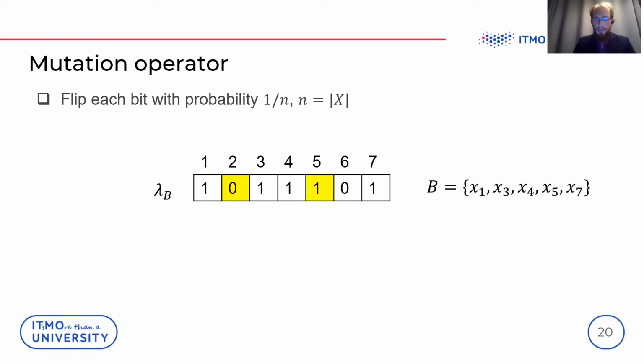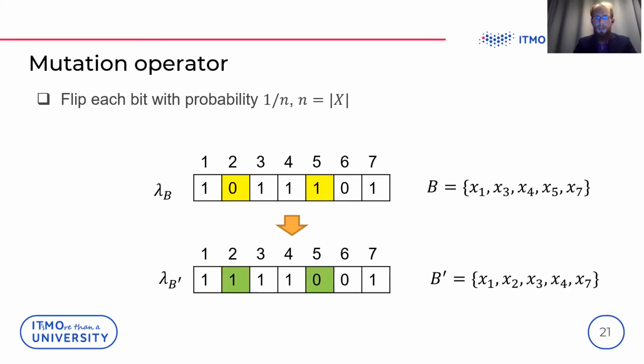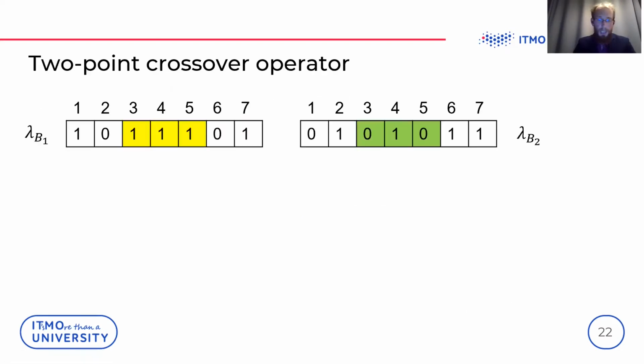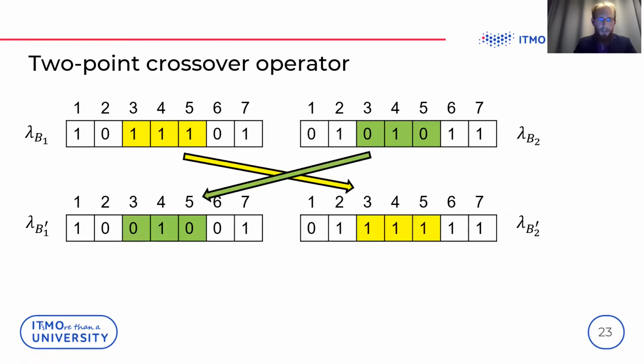So for example, if the algorithm selected these 2 bits to flip, then the resulting solution will be the following. The genetic algorithm, which we use, uses the simplest 2-point crossover operator, which selects some interval in the string and flips these subsequences, producing 2 child solutions.